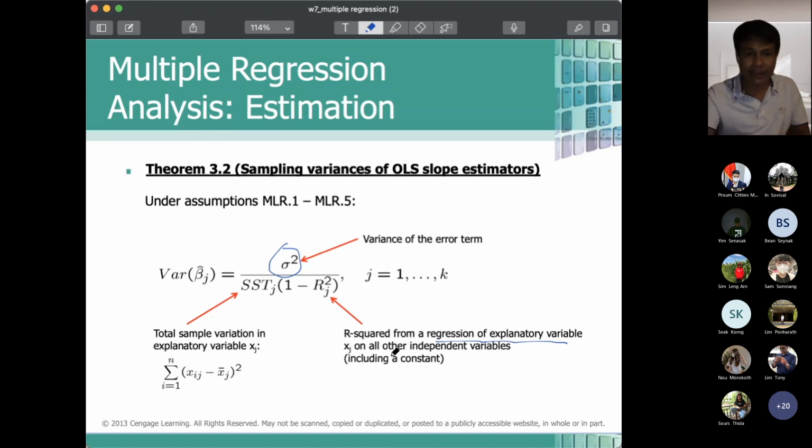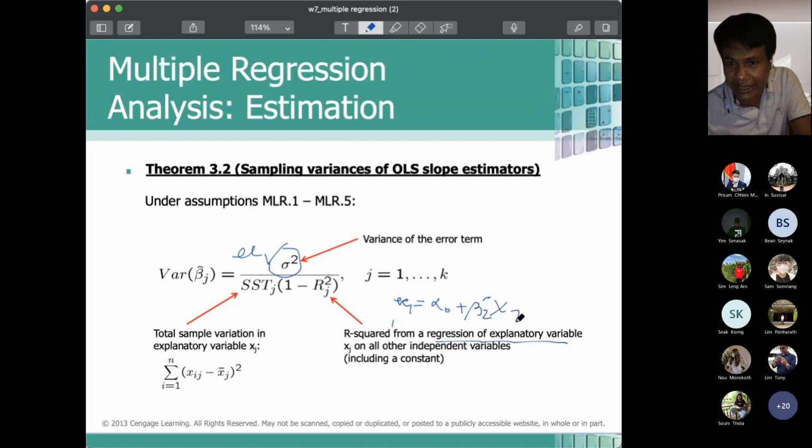For instance, if you want to estimate the effect of x1 on y, then this R squared is not from the regression of the dependent variable. It is from another regression. For instance, you will have the R squared from x1 equals delta 0 plus delta 1 x2.